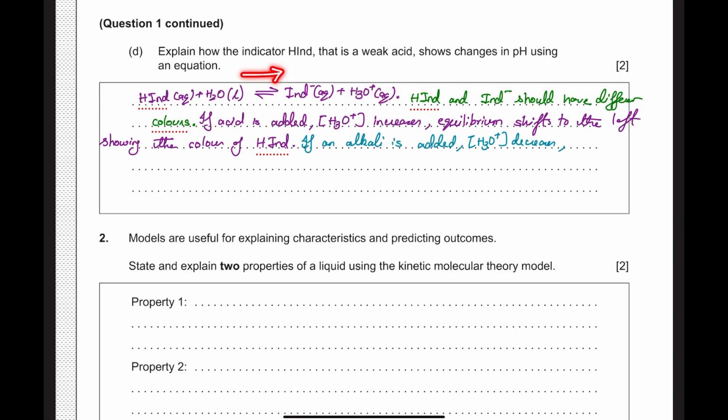And if the equilibrium shifts to the right, you will have more IND minus ions, and as a result, you will see the color of this IND minus. That is how a weak acid acts as an indicator, right?